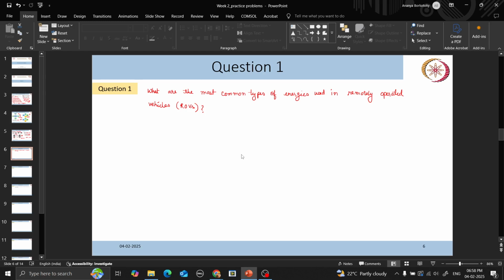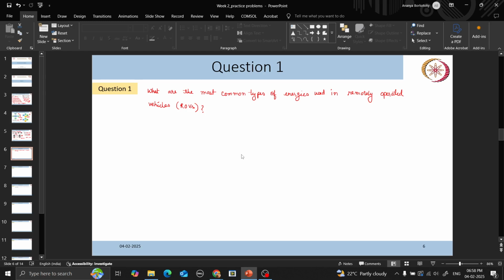I can give you a hint that there are three types of energies which are most common in ROVs. One, you should be able to answer very easily.